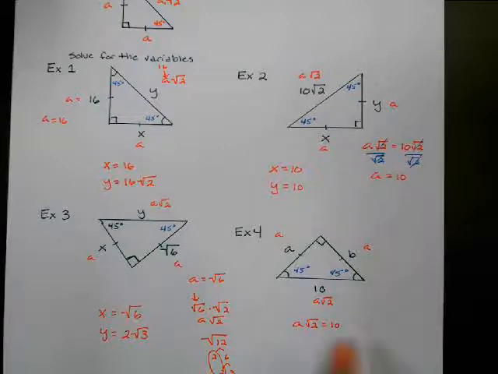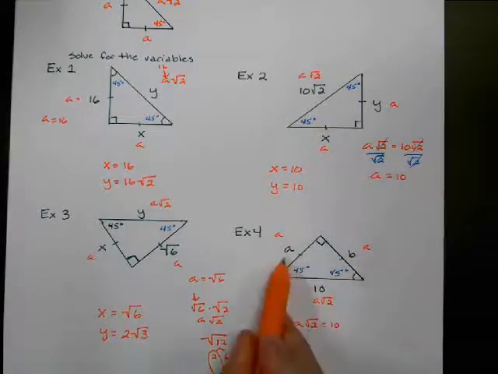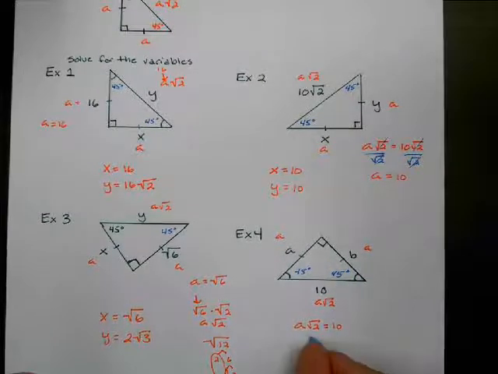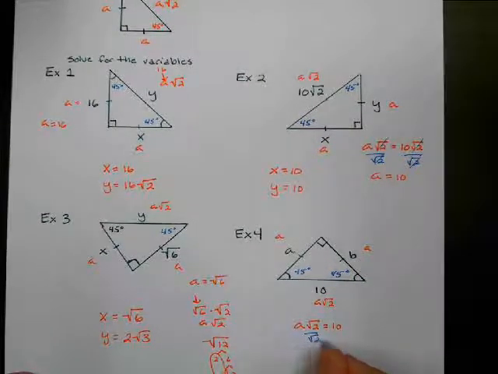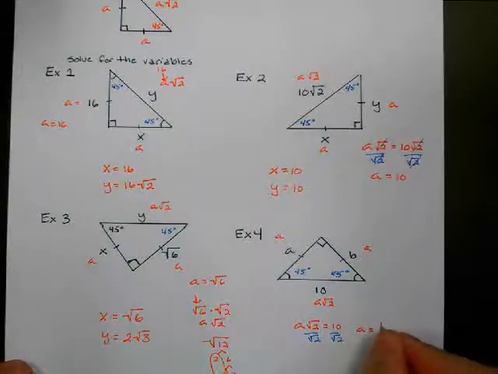Now I want to find out what a is because these two are both the a sides in the pattern. So I divide by root 2 on both sides. So I find out that a is equal to 10 over root 2.